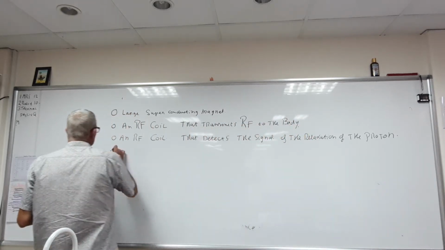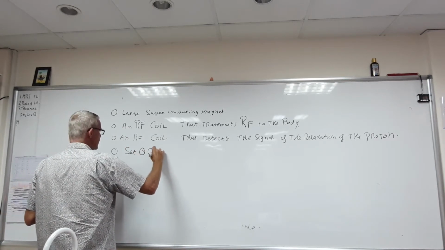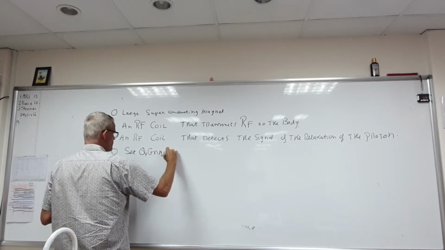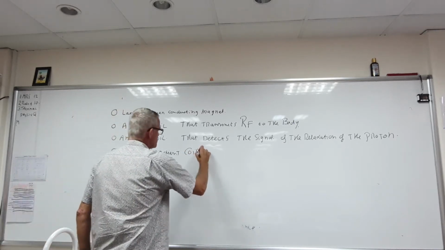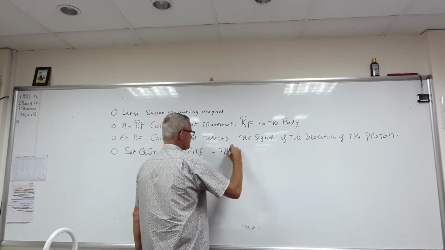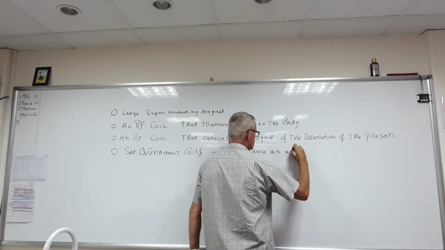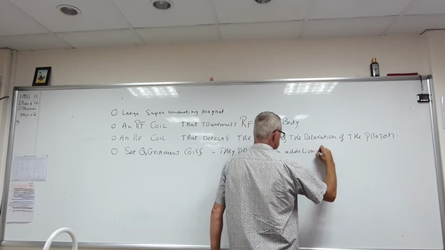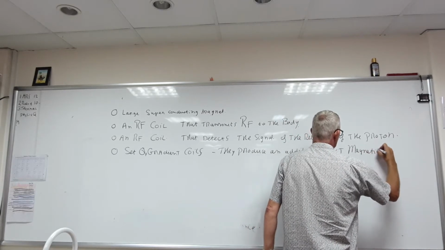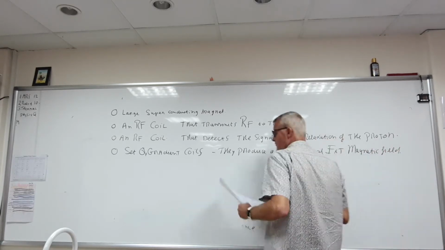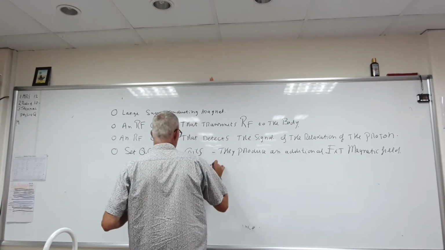Okay, then we have a set of gradient coils. Yeah, they produce an additional external magnetic field, and this varies across the whole body.